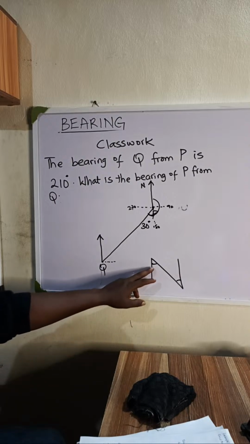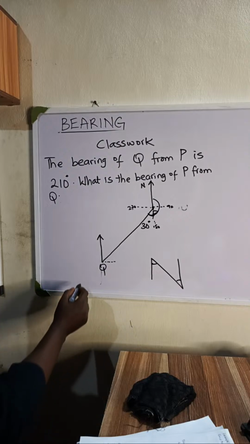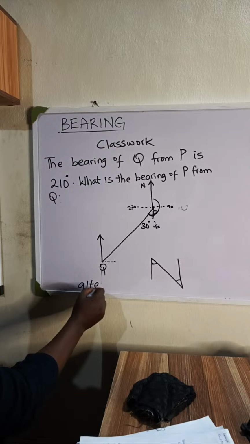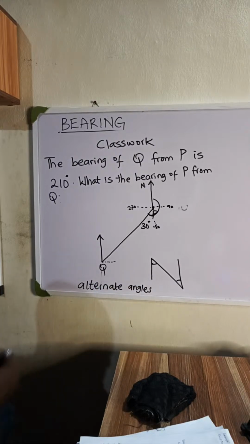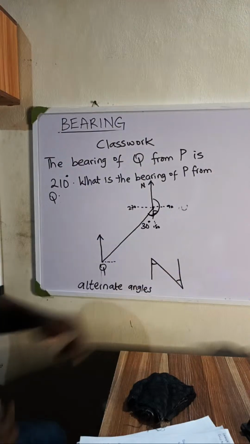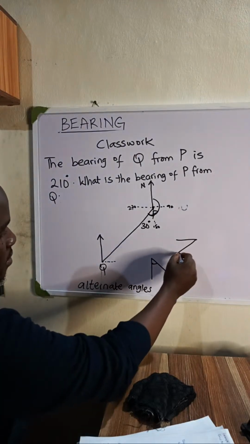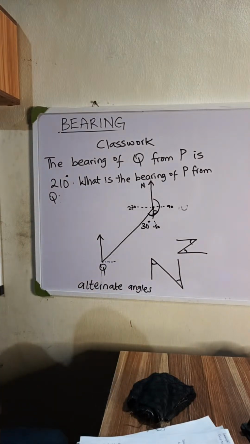Do you know what two angles that are like this are called? Alternate angles. So if you have two angles that form an N or a Z, they are called alternate angles. And alternate angles are equal.